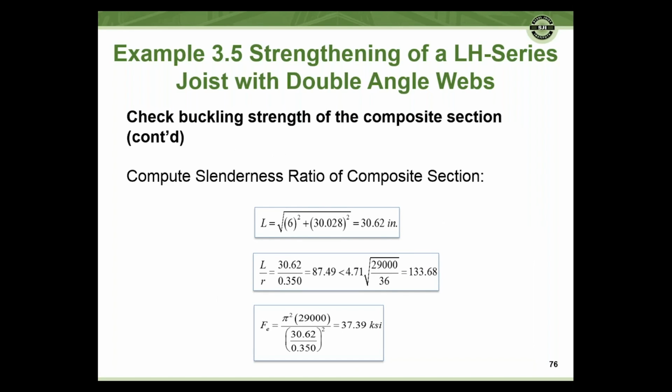So let's really get into checking our member. We determined our length and determined the slenderness ratio for our new member, 87.4.